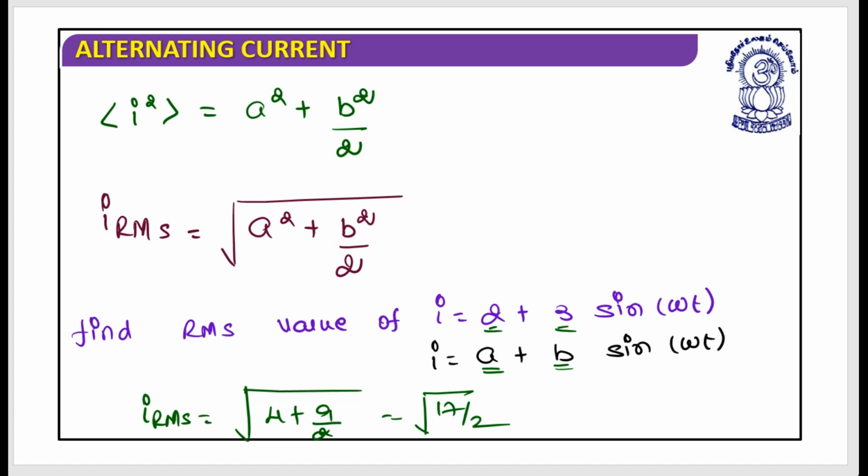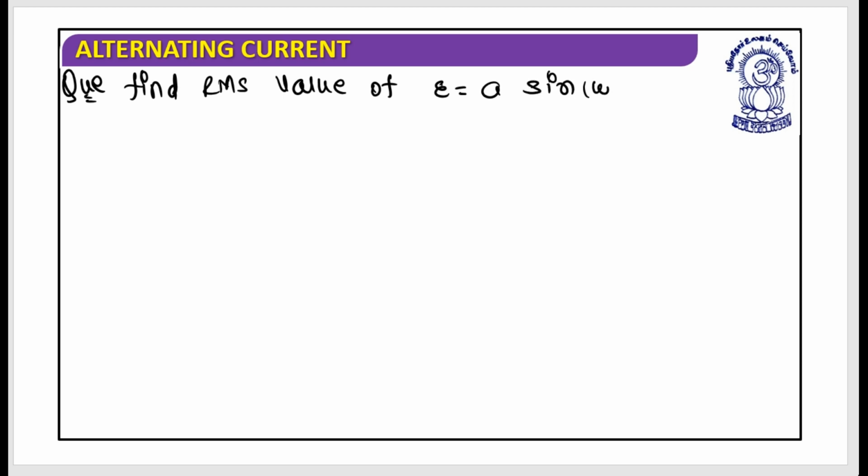Now let's work on the next question. It says find the RMS value of E equals A sine omega t plus B cos omega t. The EMF is given, and you want to find its RMS value.